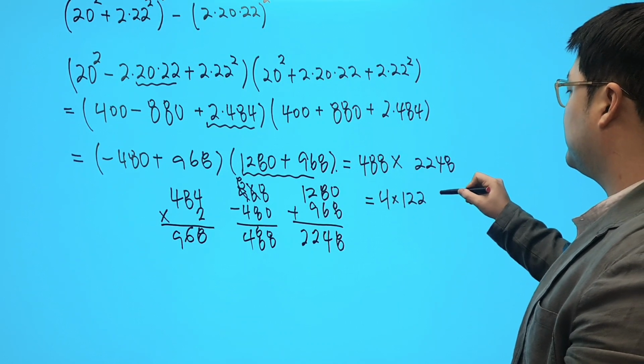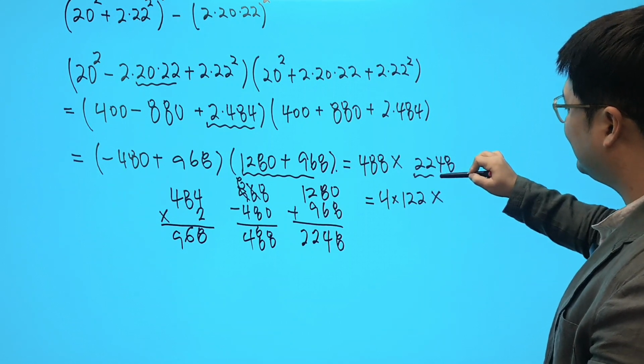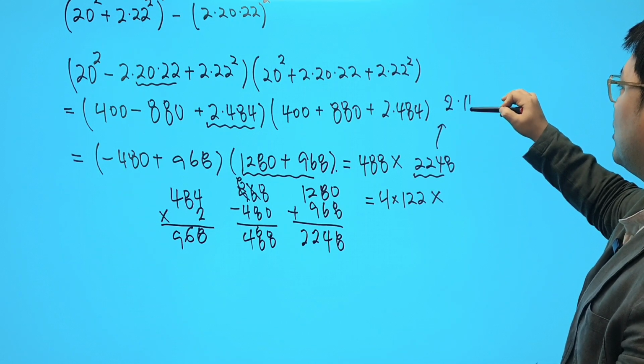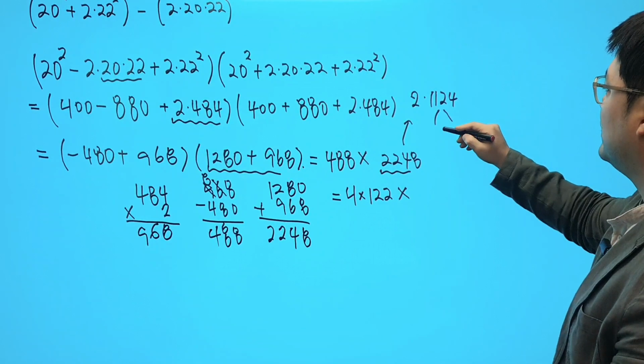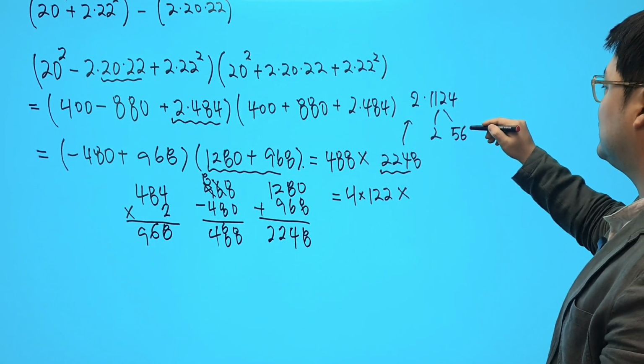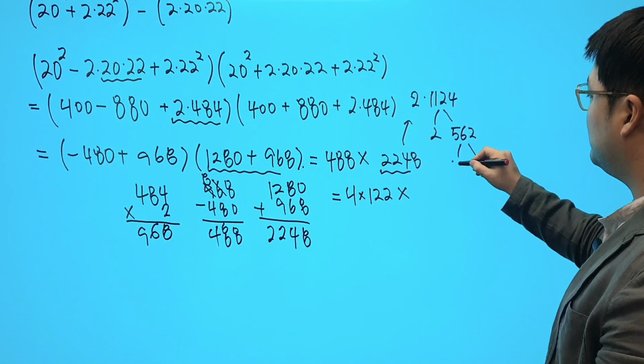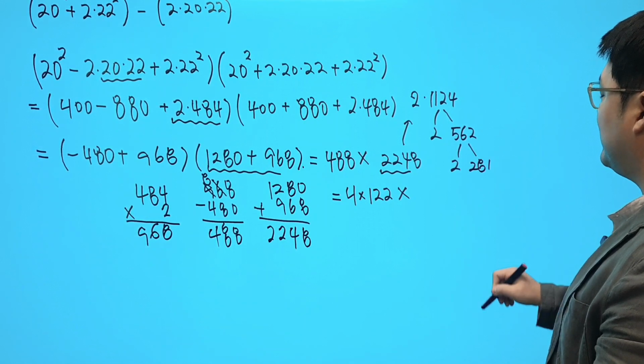If you multiply this out, that becomes 2 times 1124, and you can still break this apart into 2 times 562, and that becomes 2 times 281.